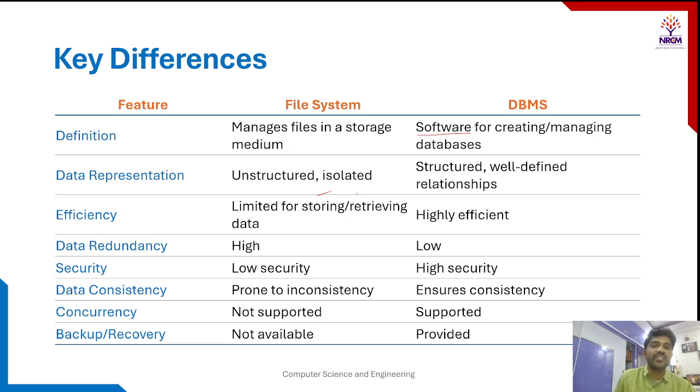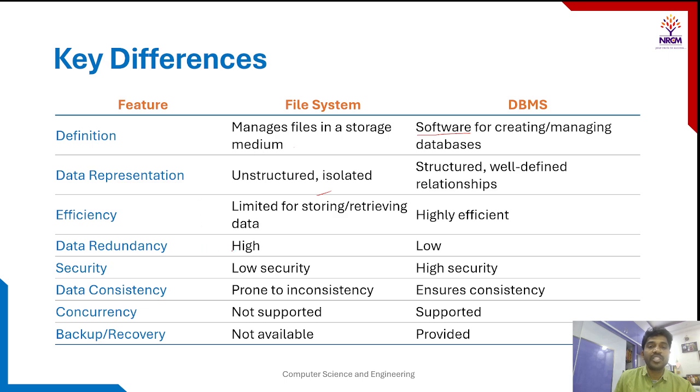There is no structure for the data. But in the DBMS, it is well structured with well defined relationships also. For the data, the relation is there, from one attribute to another attribute, one field to another field, one table to another table, there is a kind of relation for better access.